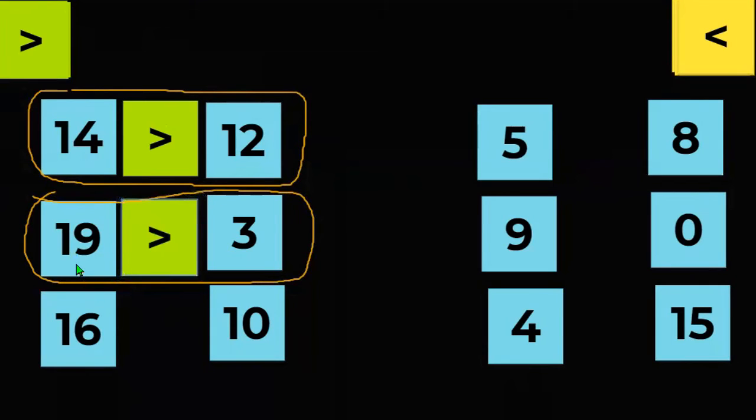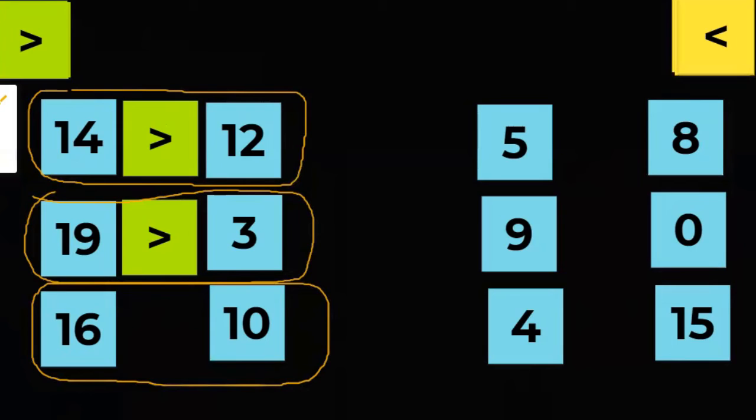Or we can say 19 is more than 3. The next two, 16 and 10. Again, we see that 16 is greater than 10. So we are going to look for the greater than sign and ensure that it points to the smaller number and opens up to the bigger number. 16 is greater than 10.